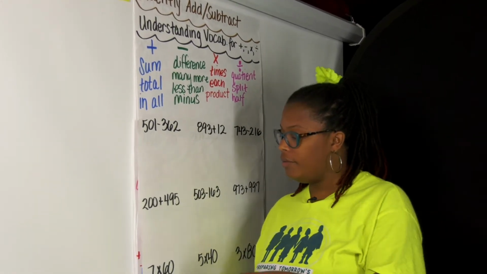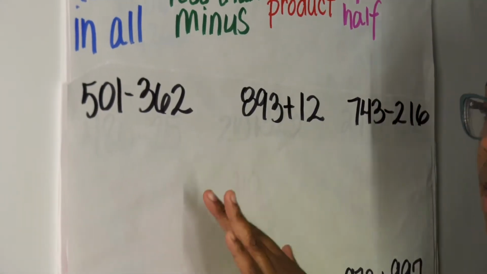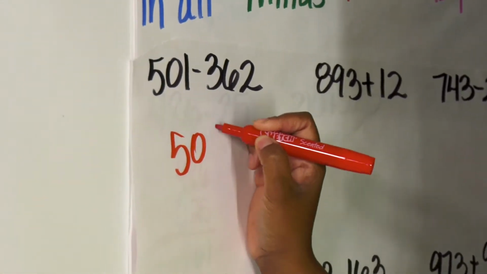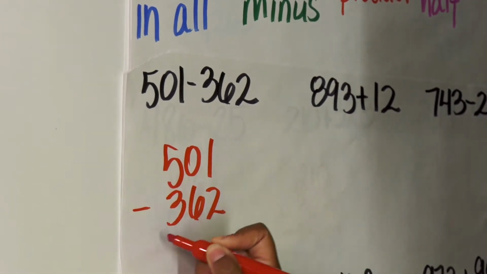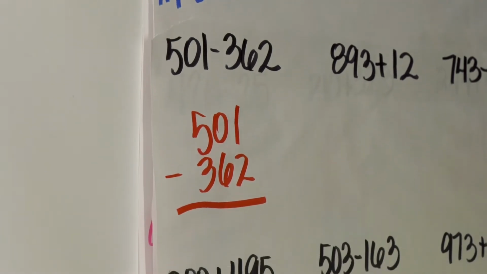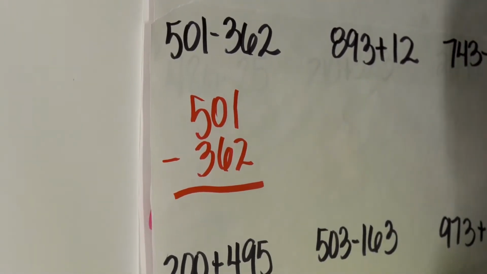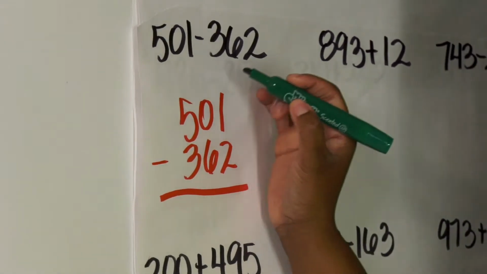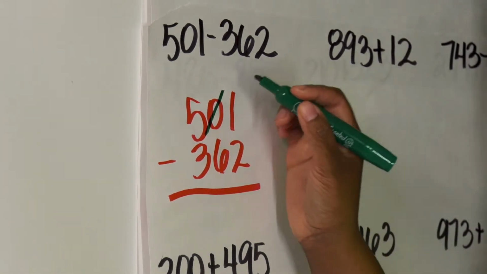So remember, when you're adding and subtracting, line up your numbers in the correct place value. So we have 501 minus 362. 1 minus 2 you cannot do because 1 is less than 2. So you have to borrow, take away from the place value directly to the left.